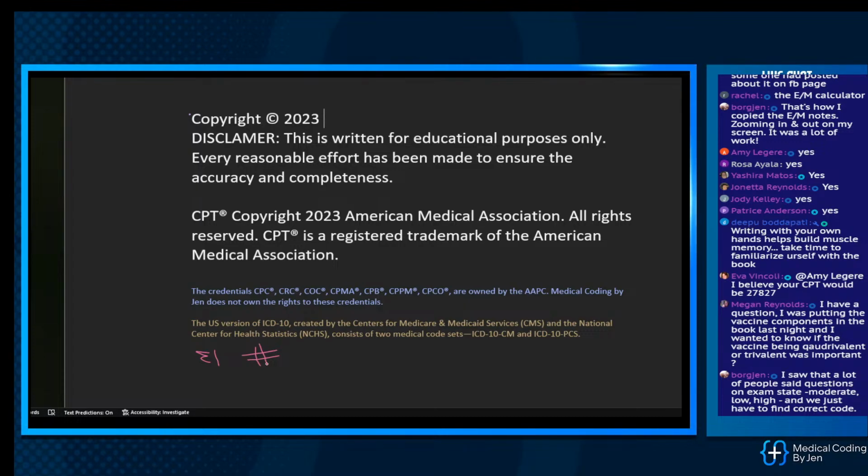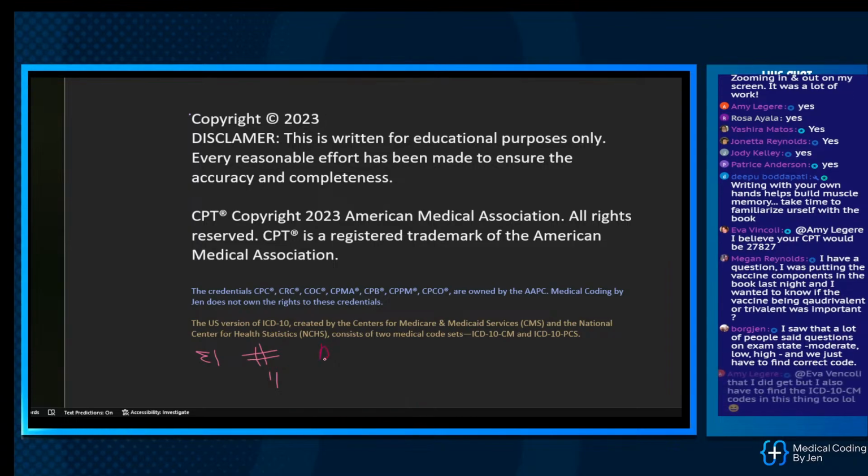It's going to say the number of complexities in the problem that you're working on. Is it 1 self-limiting minor problem? Then you're just going to put a 1 there. If you end up having 2 self-limiting problems, you'll put 2 check marks there. And then it'll say, what about the amount of data reviewed? And you'll say, 1 UA, 1 ultrasound, and then you'll put 2 check marks.